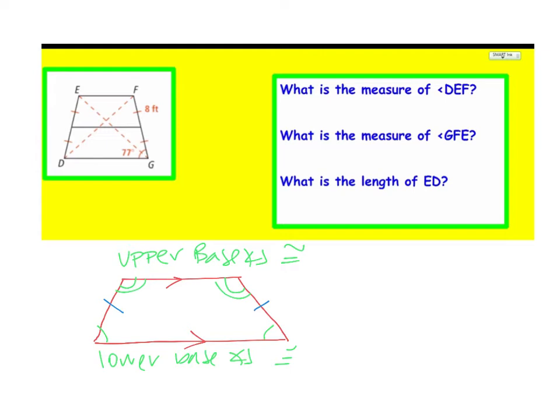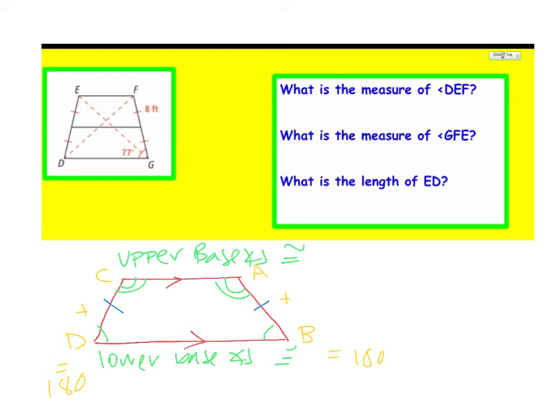The consecutive angles on the non-parallel sides are supplementary. So this angle plus this angle would equal 180, and this angle plus this angle would also equal 180 degrees.